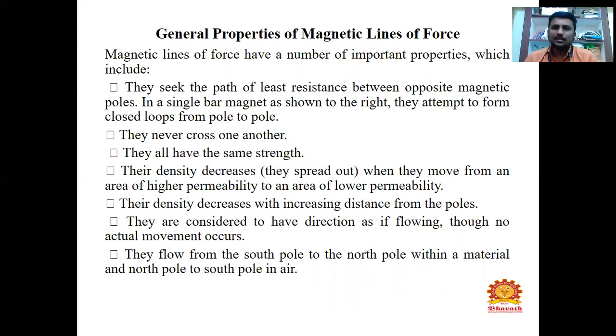They are considered to have direction, as if following a flow. They flow from the south pole to the north pole within a material, and from the north pole to the south pole in air.